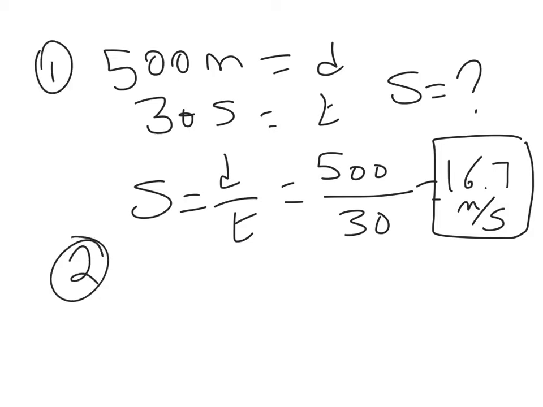Number two said, for the graph to the left, the object has a blank velocity and a blank acceleration. The graph looked like so, and we have time down here and position over here. Okay? So what can you tell me about the velocity first? What's the first thing you're going to look at?